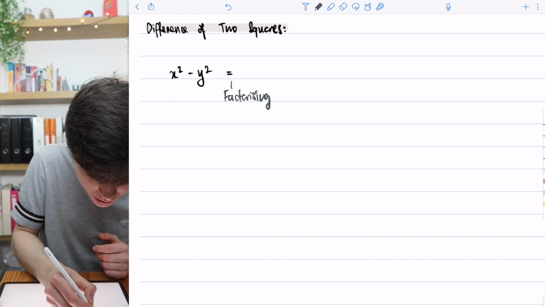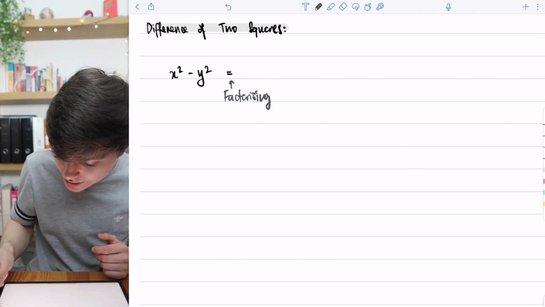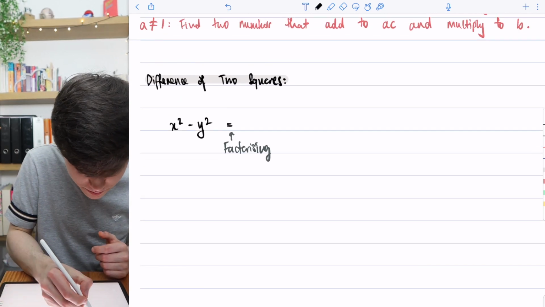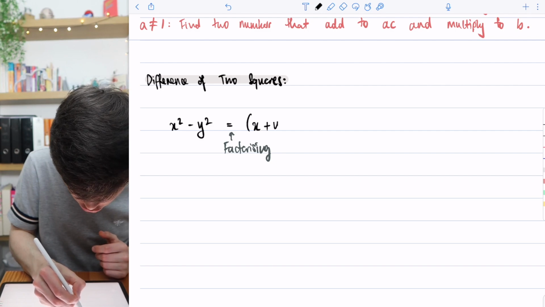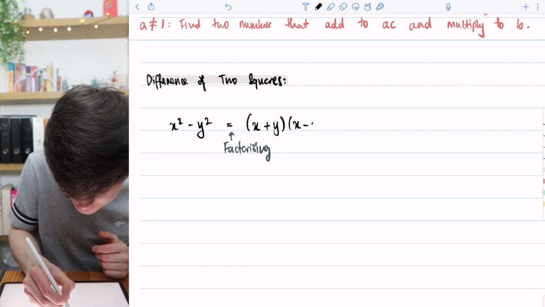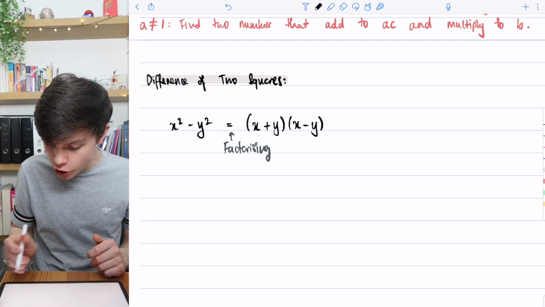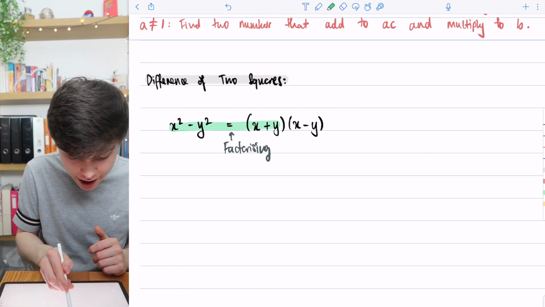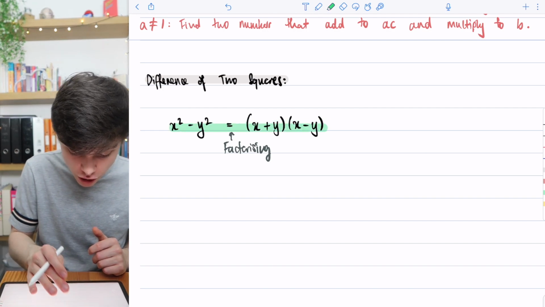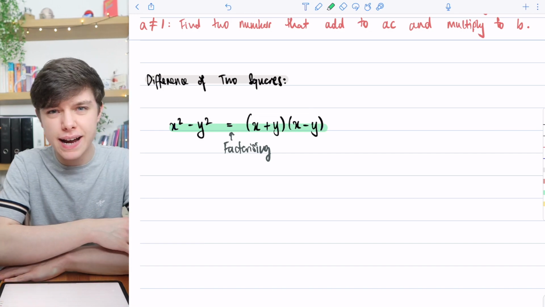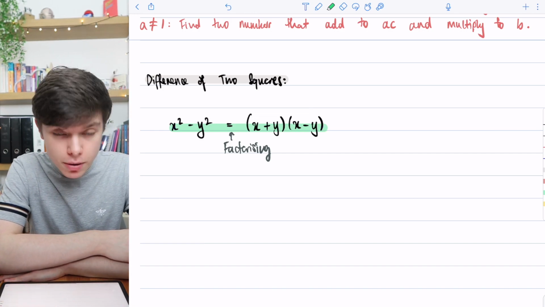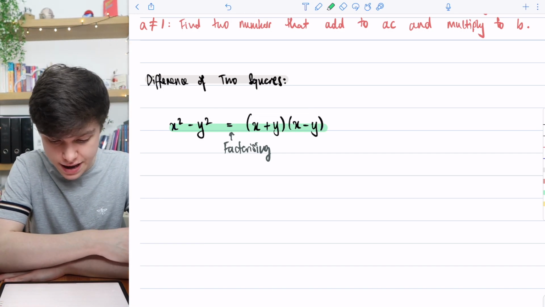When we factorise, what we get is x plus y, x minus y. And what you want to do is you want to recognise that in any of your maths papers. You probably recognised it at GCSE maybe, but that is the difference of two squares.